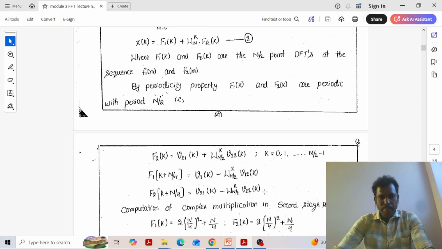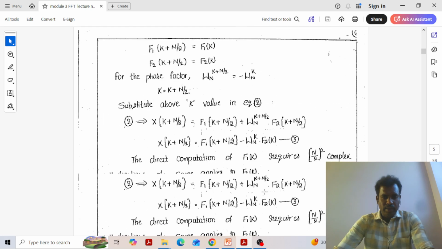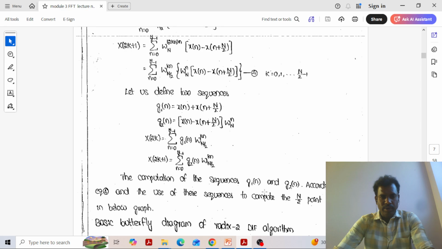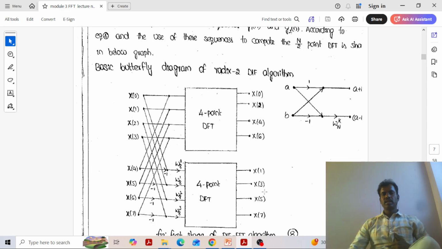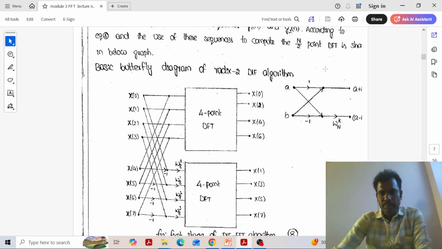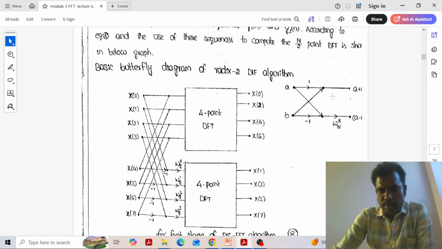So in the same manner, if you see DIF FFT, what is DIF FFT? In DIF FFT, as we have discussed, this is the basic butterfly diagram for DIF.